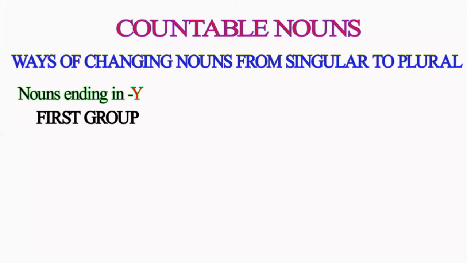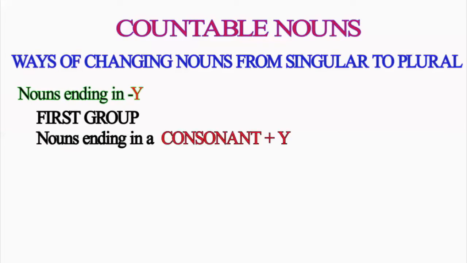Now, this is our first group. Let us see. Nouns ending in a consonant plus Y. Let us see examples of these nouns which end in a consonant plus Y. That means the last letter is Y, and before Y there is a consonant.